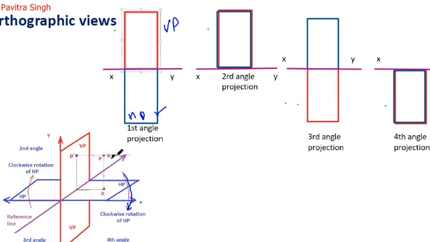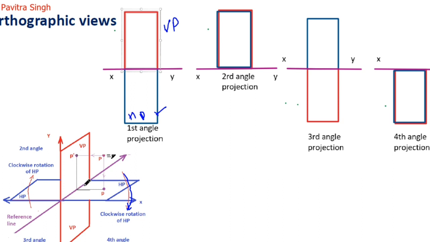If we rotate this horizontal plane in the clockwise direction, it will overlap the lower part of the vertical plane. You can see this overlapped horizontal plane in this figure in blue color. So this is the horizontal plane.